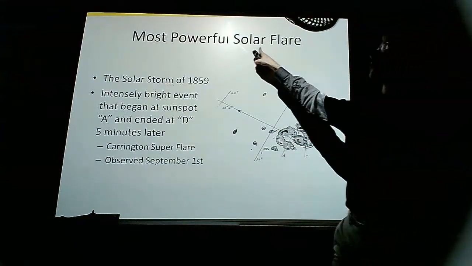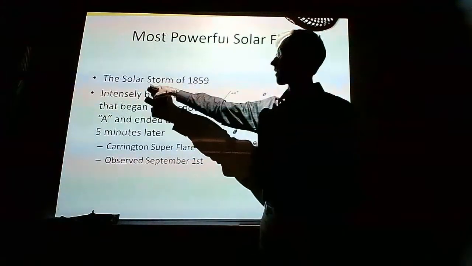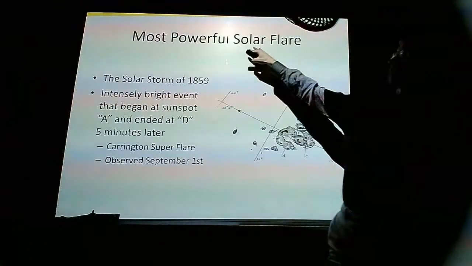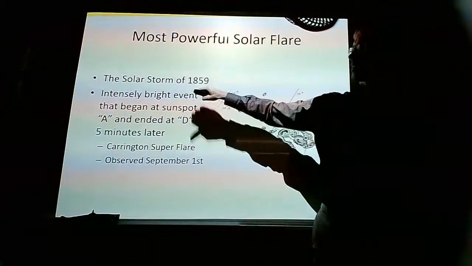Write down the most powerful solar flare occurred in 1859. Just the most powerful solar flare, 1859.